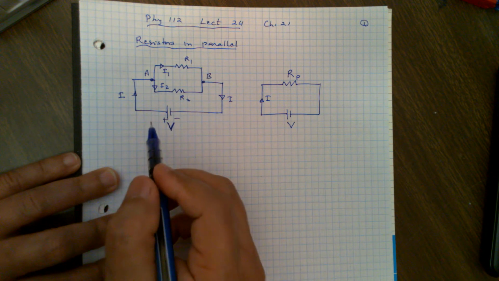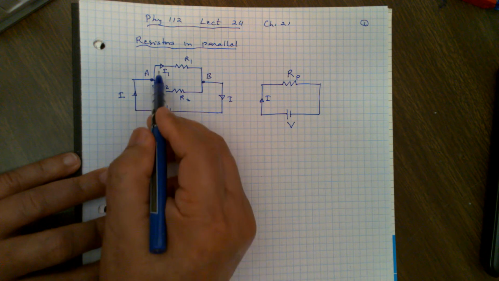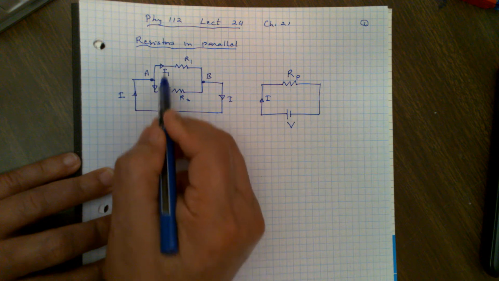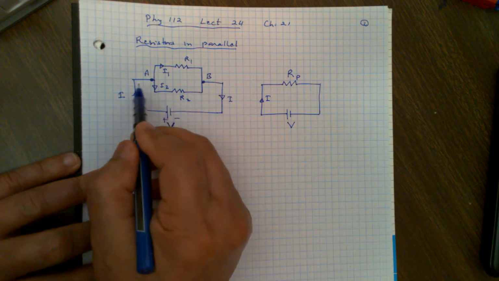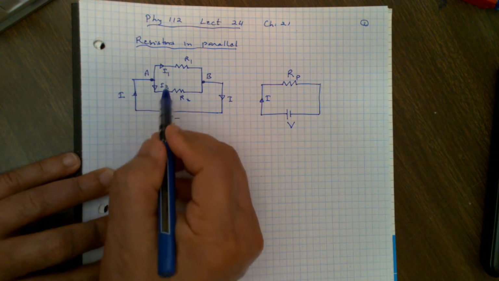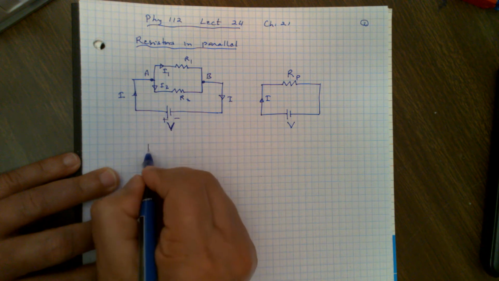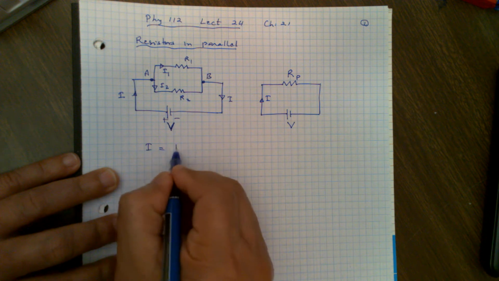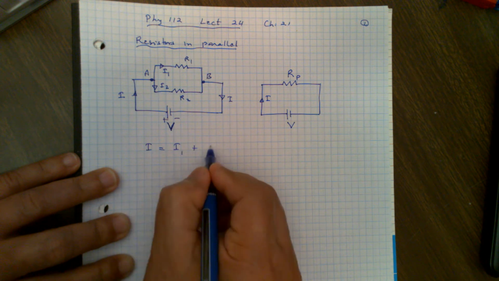So what I have to know is that the currents I1 and I2 add up to total current I, right? Because I splits into I1 and I2. So I know that I is equal to I1 plus I2.